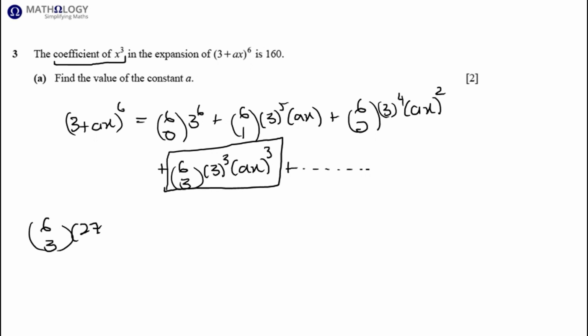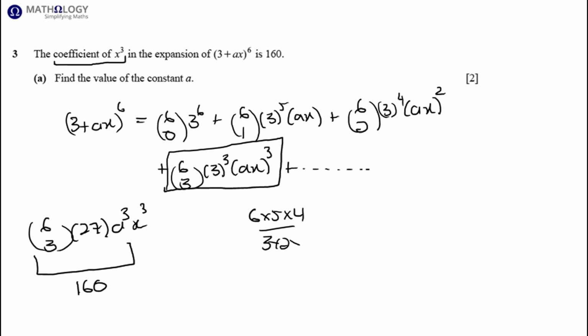So 6 choose 3 times 27 times a cubed, x cubed, the coefficient, equals 160. So 6 choose 3 is 6 times 5 times 4 over 3 times 2 times 1, times 27 a cubed. This coefficient equals 160.